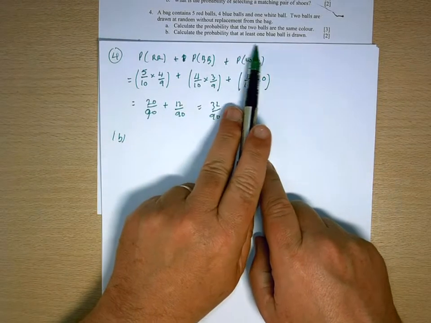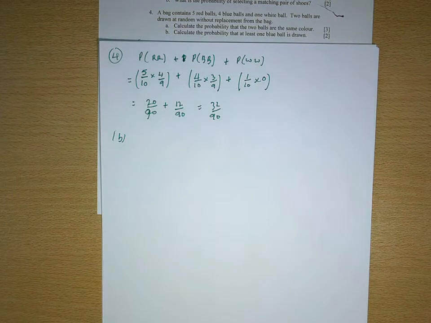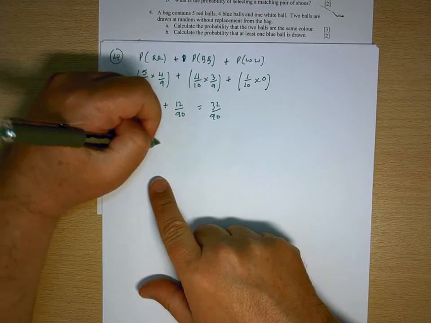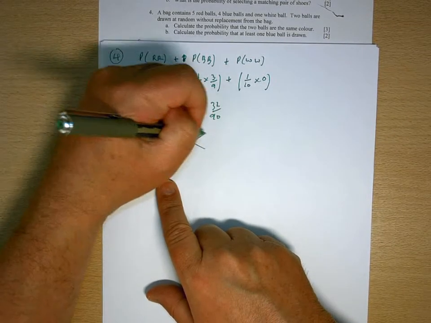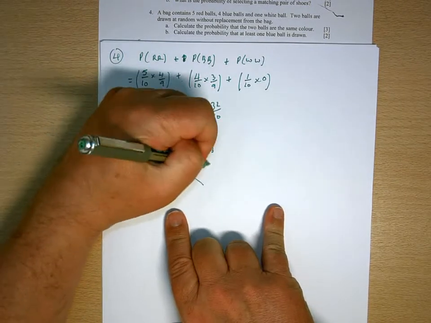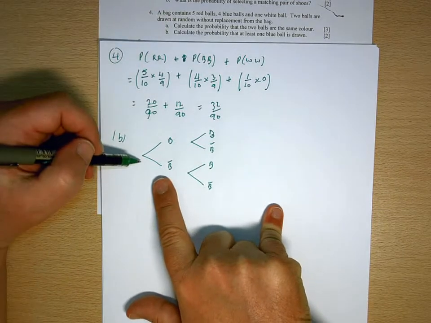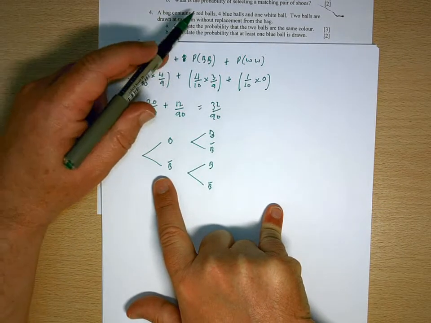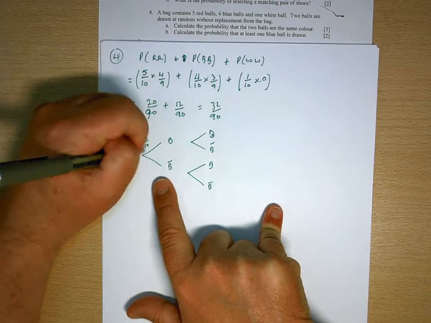For part B, probability that at least one ball is blue. So if we think blue, not blue, blue, not blue, for the first ball, the chances of it being blue is 4 out of 10.